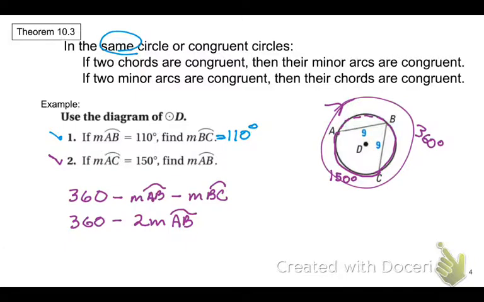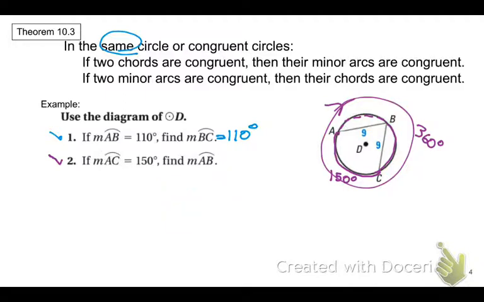I just realized I set that up wrong, so I'm going to redo it. Either I do that or I have to go back and redo the whole video, which I don't want to do. Okay, so 360 is the sum of all the degrees in the circle.